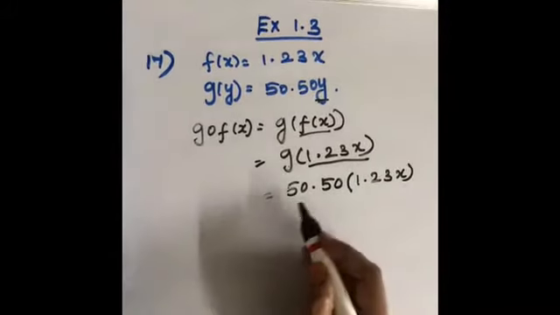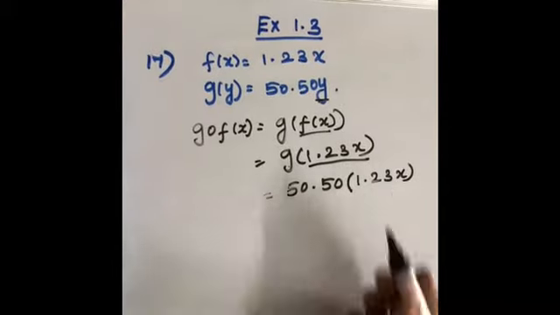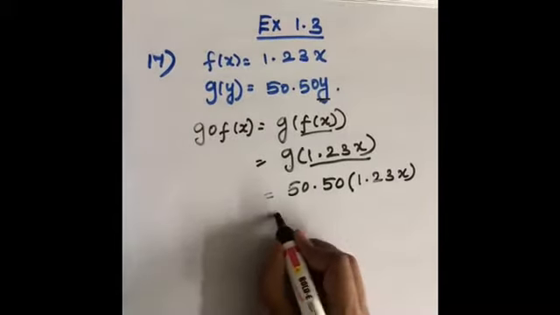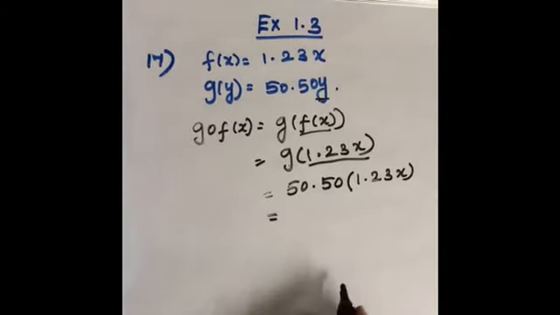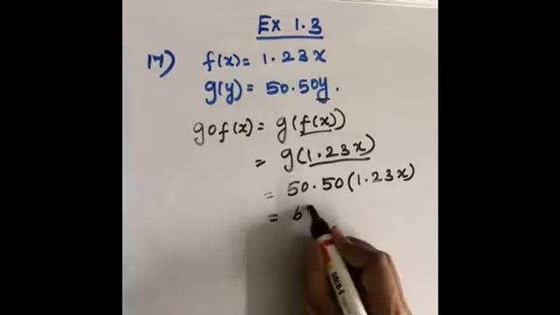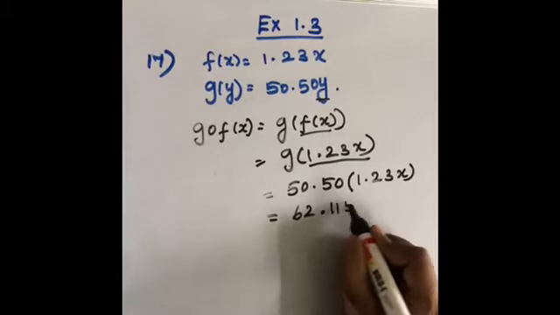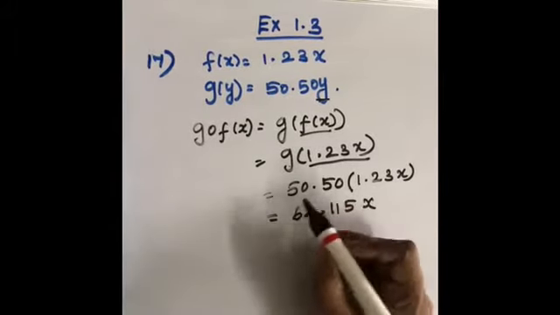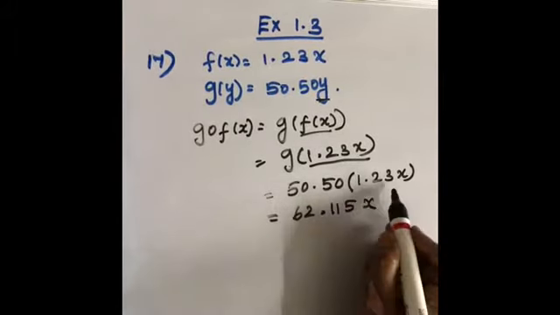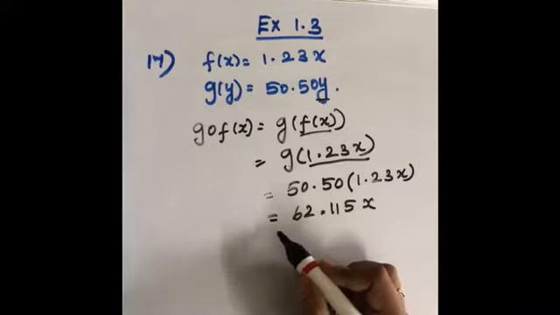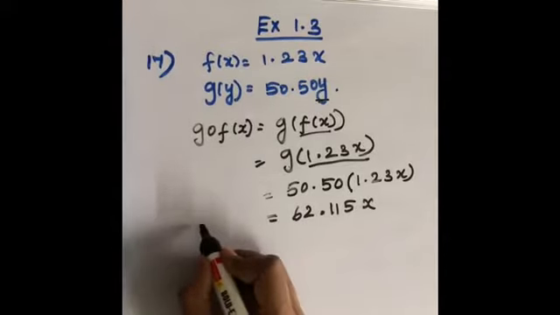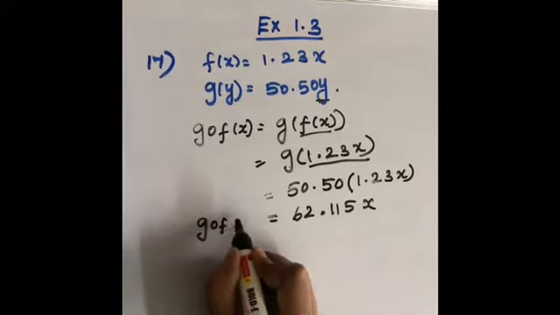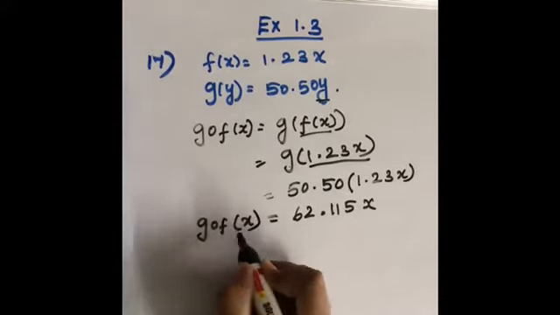So 50.50 into 1.23x. While multiplying these two numbers, we get 62.115x. We have to multiply 50.50 into 1.23 and x. So we get 62.115x, and it is the composite function g of f of x.